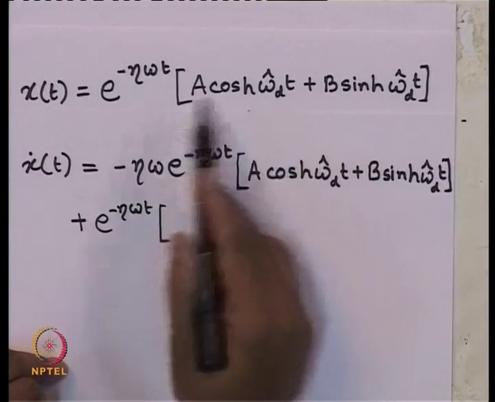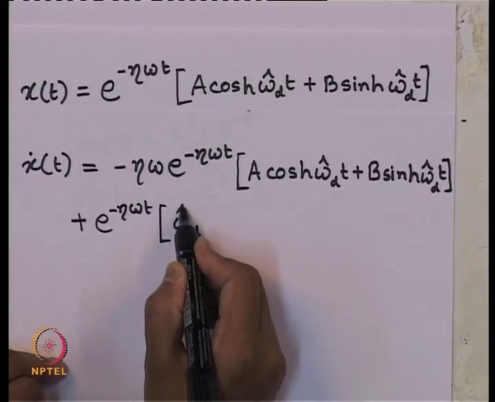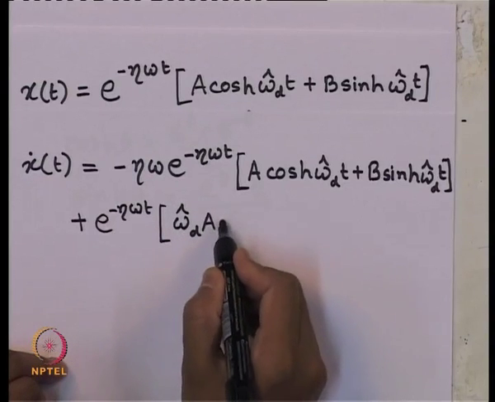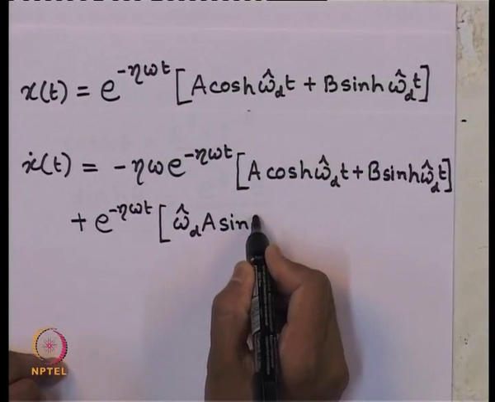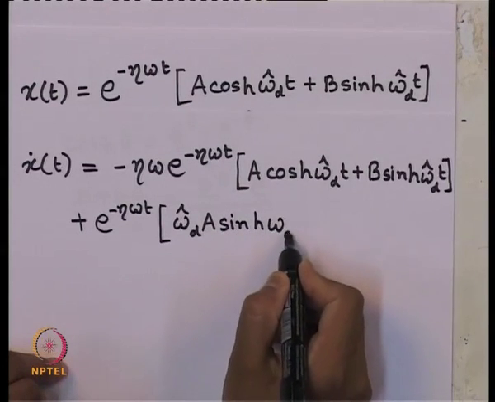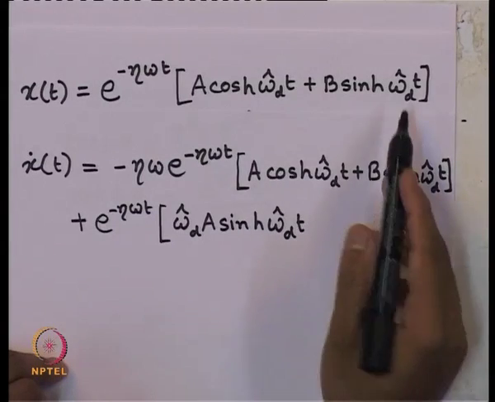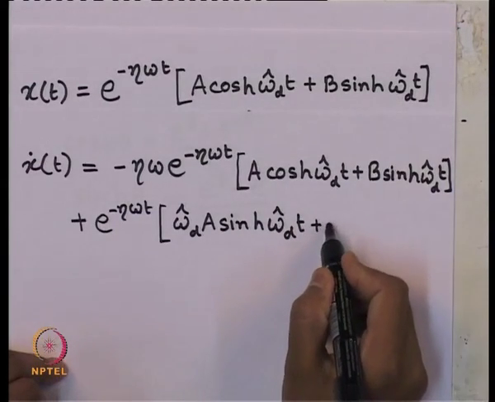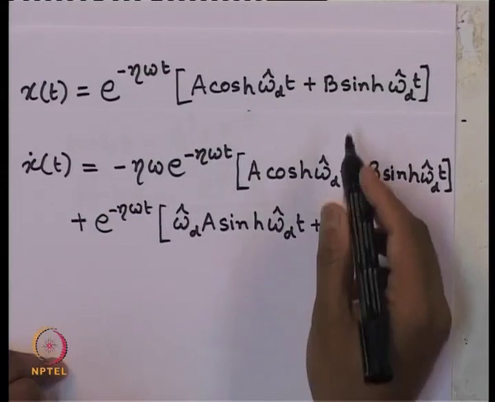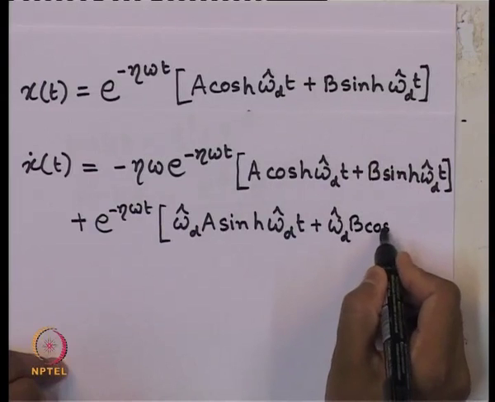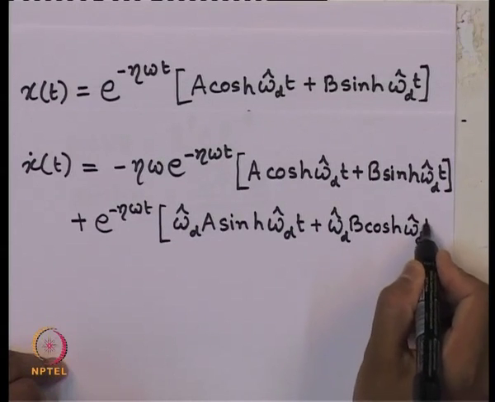Now, this factor comes out: omega d cap a, cos becomes sine hyperbolic omega d cap t, and from this we get plus omega d cap b, sine becomes cosine hyperbolic omega d cap t.